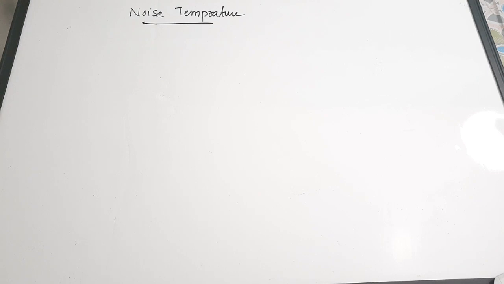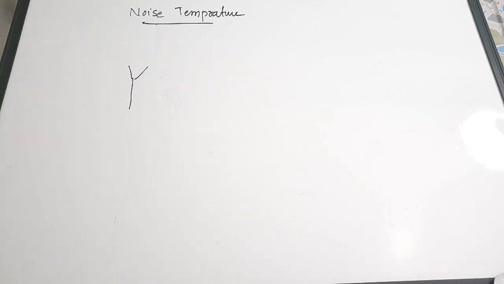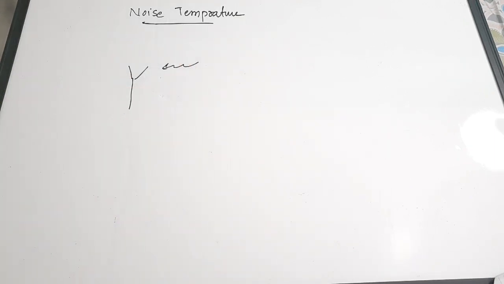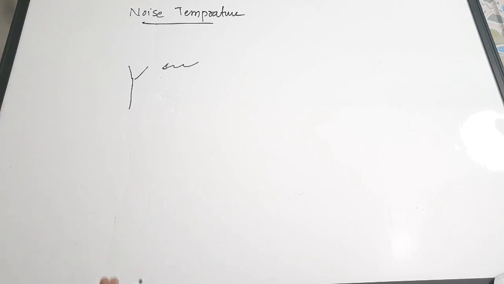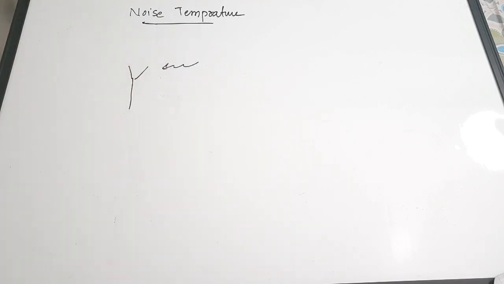In simple words, consider that there is an antenna and the noise power received by this antenna is very large, such that the noise temperature caused by this noise is well above the ambient temperature of this antenna, then we call that temperature a noise temperature.